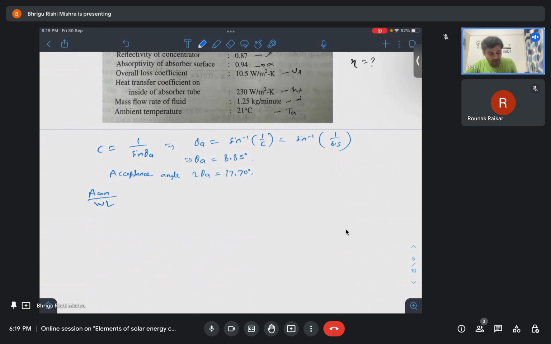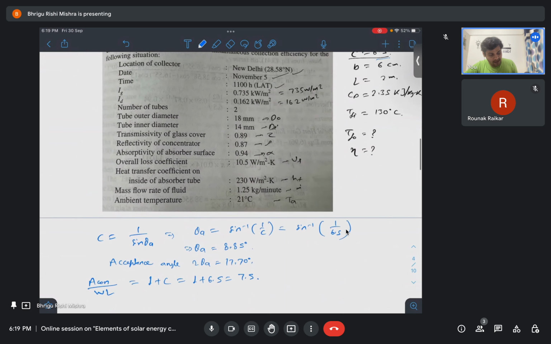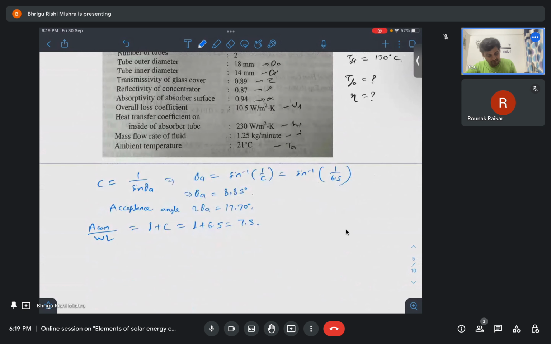A concentration by WL is 1 plus C, which is 1 plus 6.5, that means 7.5. L is given as 2, so A concentration by W equals 7.5 into 2, which is 15.